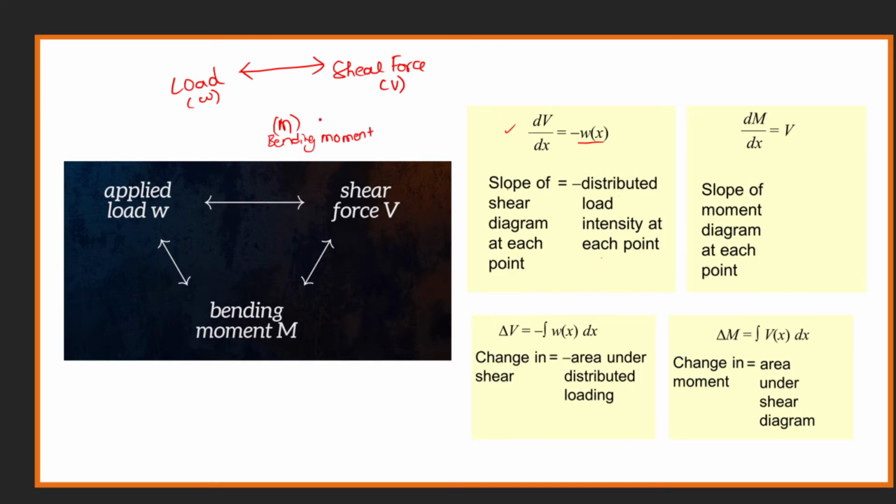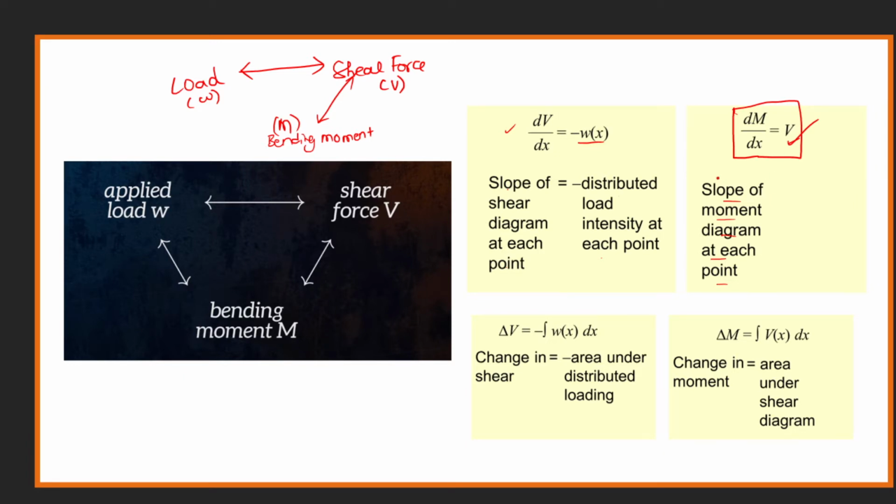Now again, in the same way, shear force and bending moments are also related to each other. So you see, d by dx of moment will give you shear force. So if you differentiate the moment, you will get the shear force. So slope of the moment diagram at each point will give you shear.